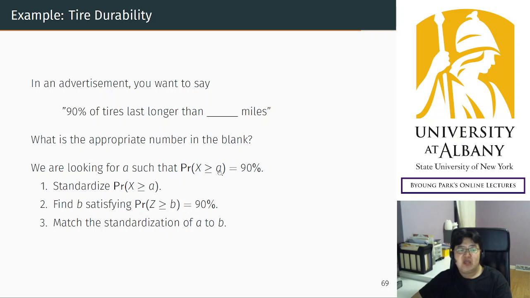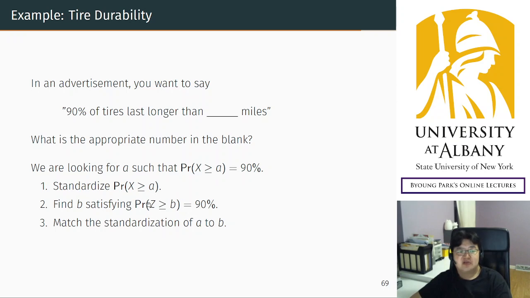So when you standardize x, of course you have to standardize its counterpart a, right? However, a is not a number. A is what we need to solve for. It's unknown. So even if you need to standardize it, you cannot calculate that, then what you have to do is we are going the other way.